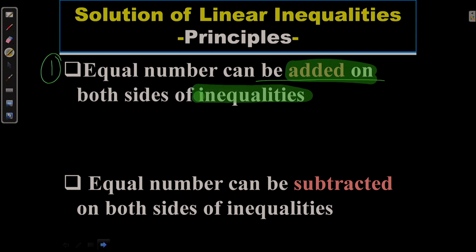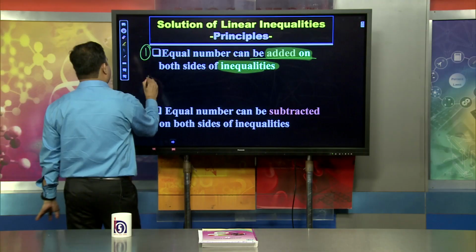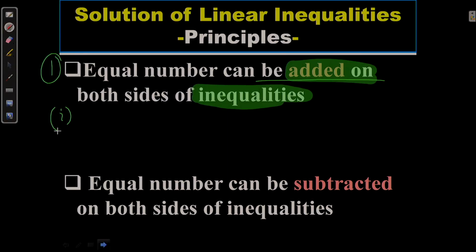Suppose I have taken two situations: A greater than B and x not equal to 0. Suppose A greater than B, then you will find A plus x is also greater than B plus x.